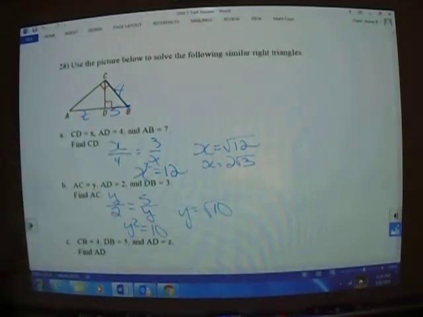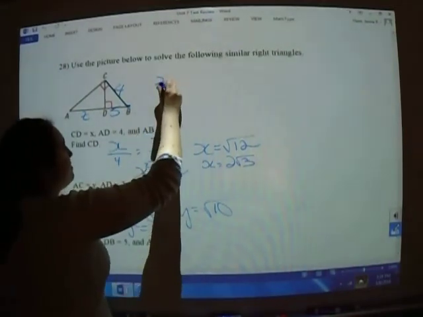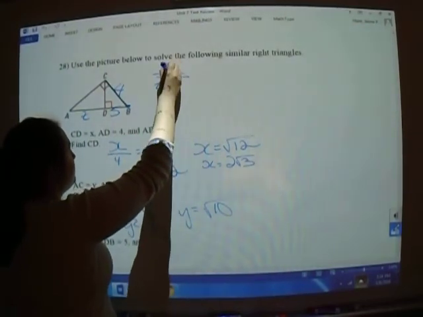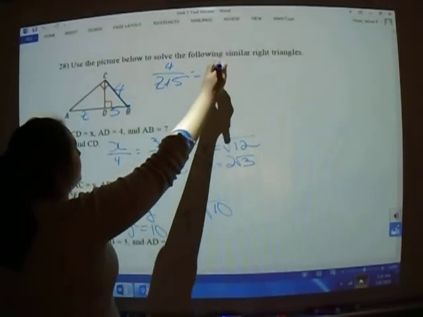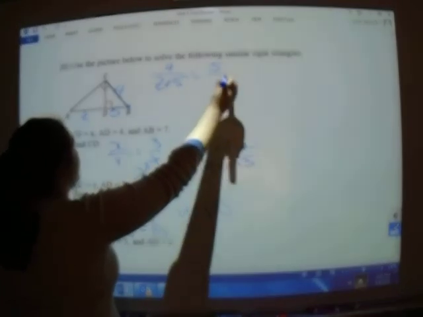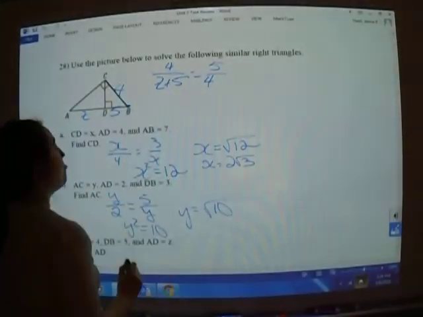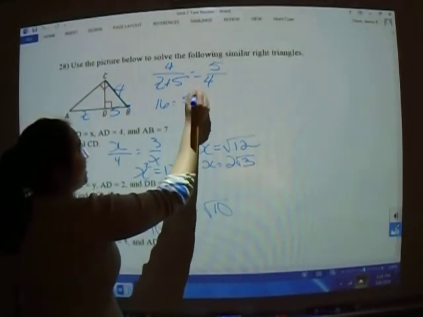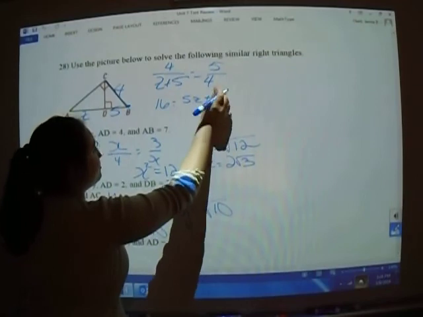But we don't know the exact numerical value of AB. However, we do know that AB is Z plus 5. So we do 4 over Z plus 5 equals 5 over 4.